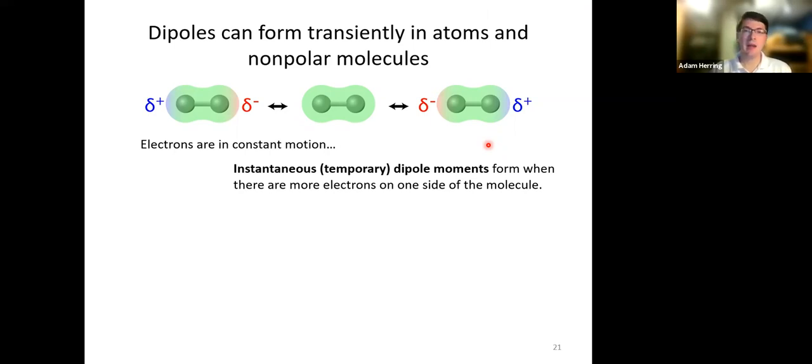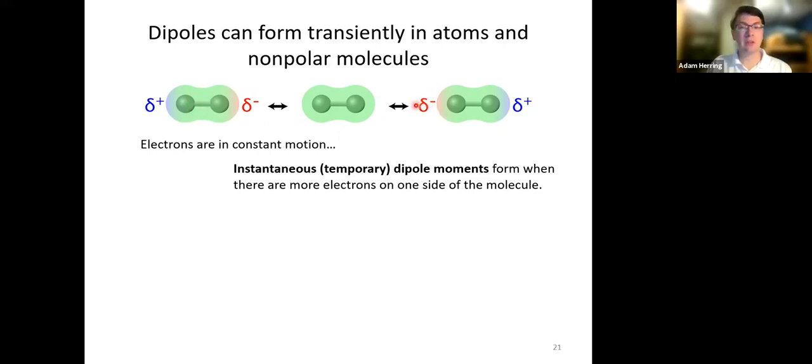Because of this, at any given moment, you might have an uneven distribution of electron density throughout the molecule.